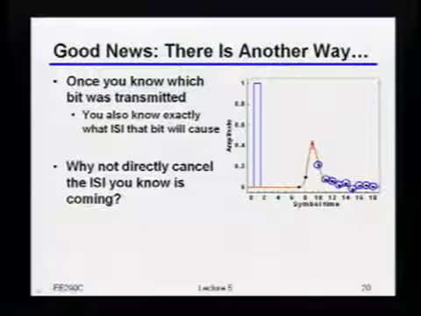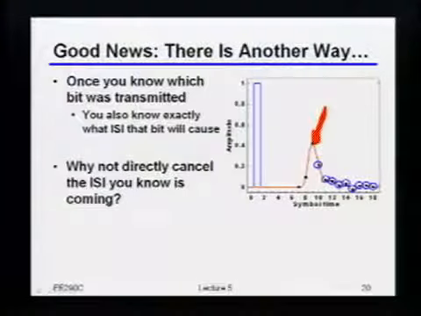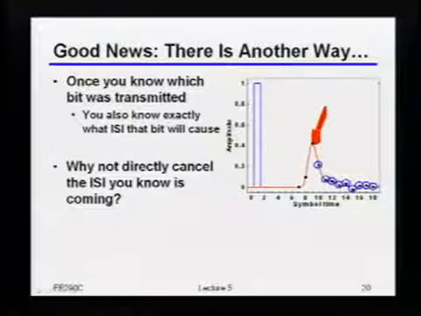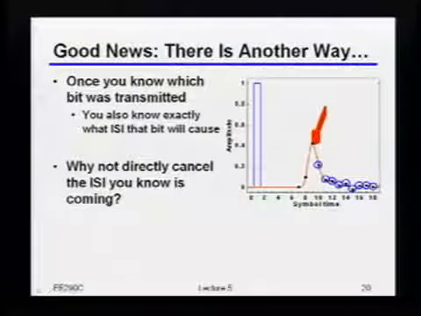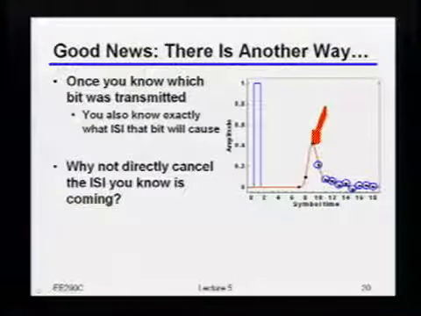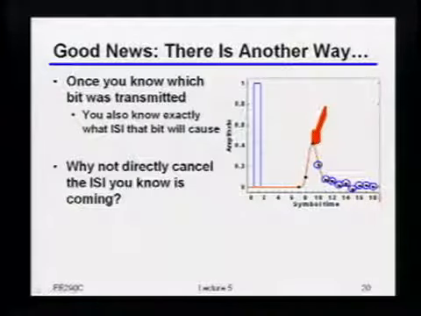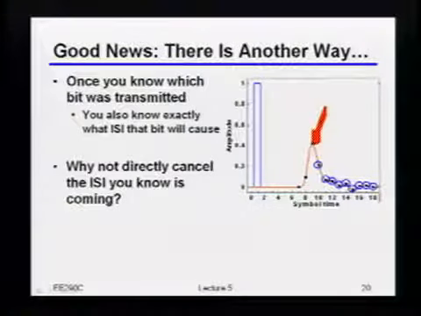Well, if I knew that this was supposed to be a 1, then I actually know what all of the future intersymbol interference will be, as long as I know what the channel is. So if I know what that will be, why don't I just go ahead and, based on knowing that this was a 1, directly subtract out all of that residual response. Does this make sense to people?